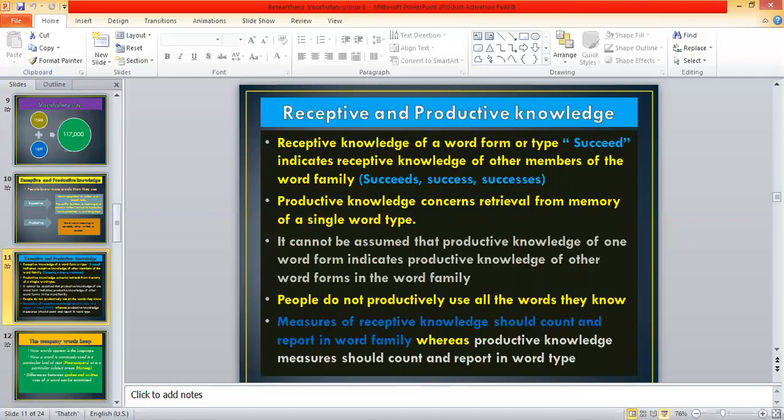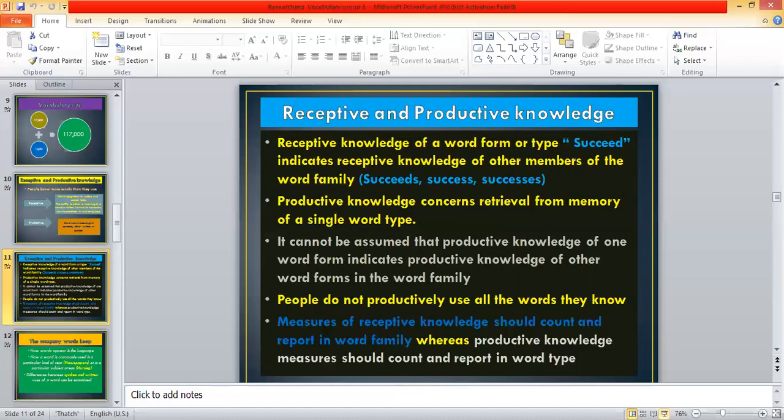That's why measures of receptive knowledge should be counted and reported in word families, whereas productive knowledge measures should be counted and reported in word types.